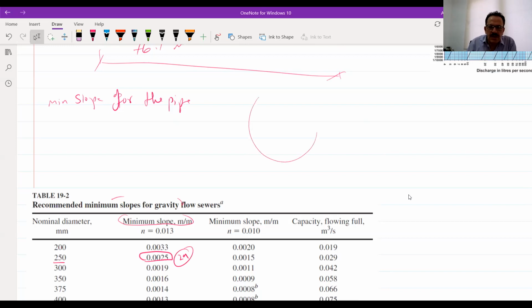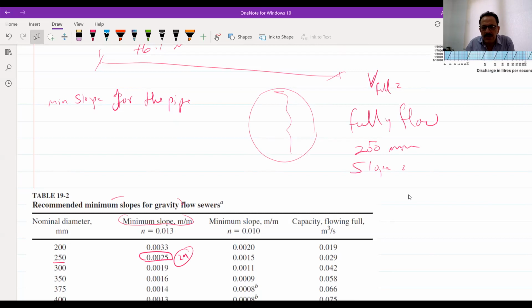because this is in case that we said that we have full flow. For full flow, when we have 215 millimeters pipe diameter and it is full, the velocity will equal 0.6 meter per second, so the slope will be 0.0025.